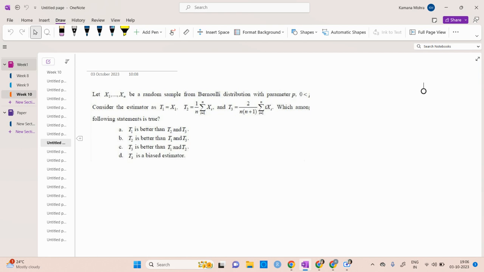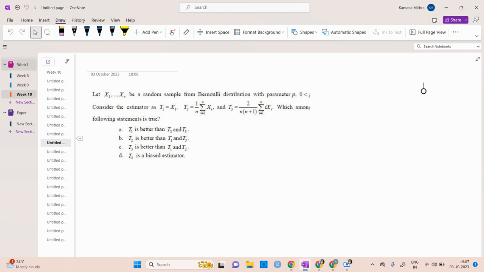Okay, so now the next thing we have given here is some estimators, and we want to find which of the following statements is true. The statements you can see here are something like T1 is better than T2 or T3, T2 is better than T1, and so on. For a better estimator, what I have said already is that you need to check the properties.